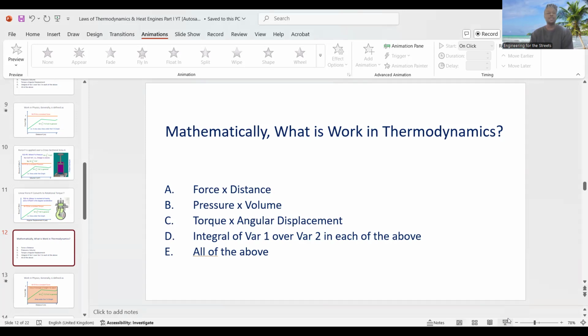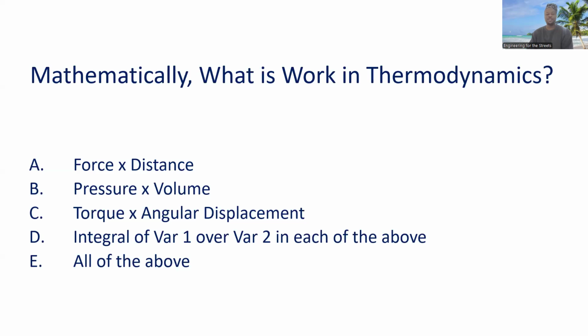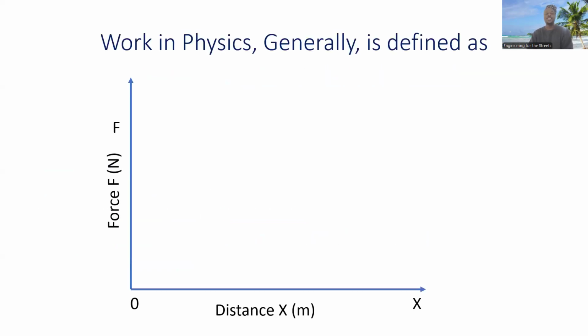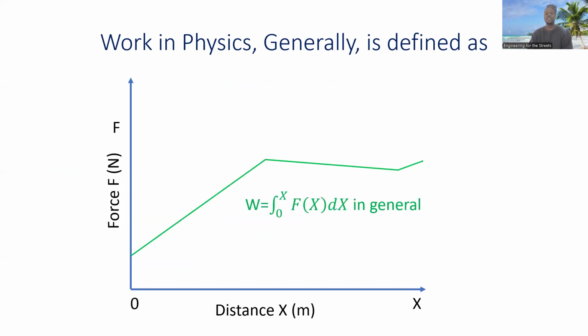Now, by way of a recap, the graphs that we use look like this. Let's take the case of a plot of force against distance to illustrate the concept of work in general. We say that work in general is the area under the graph.